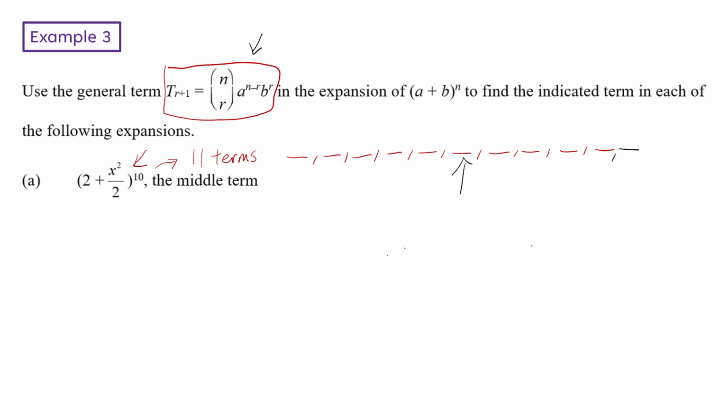So how do we do that? If you do a comparison again, you will see that we can substitute a to be 2, b to be x squared over 2, and n to be 10. So that will give us 10Cr, 2 to the power of 10 minus r, bracket x squared over 2 to the power of r.